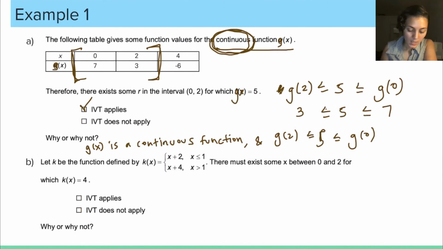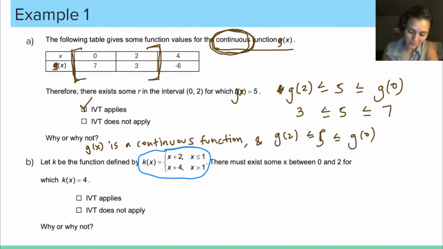Cool. And then part B, let k be the function defined by this piecewise function. So now I've got a function. There must exist some x between 0 and 2 for which k equals 4. We've got to check if this is a continuous function. It's important that this function is continuous.